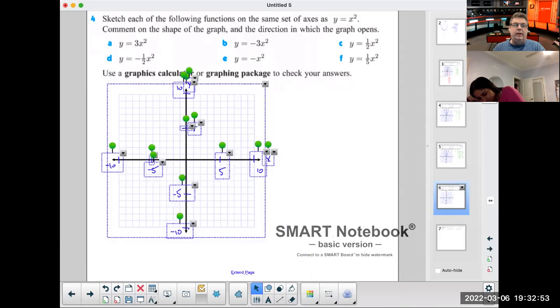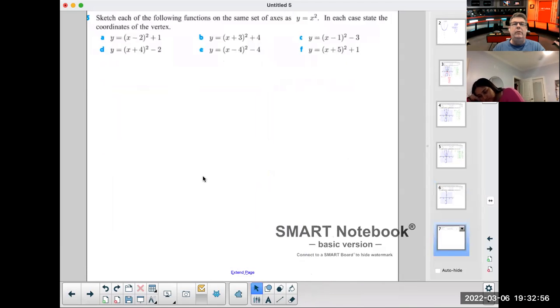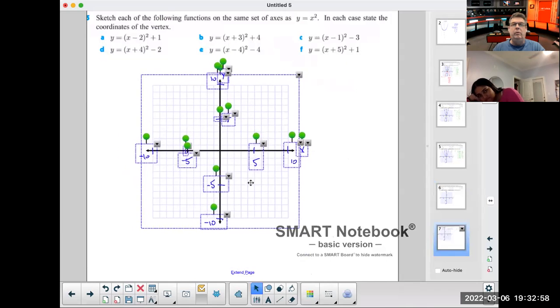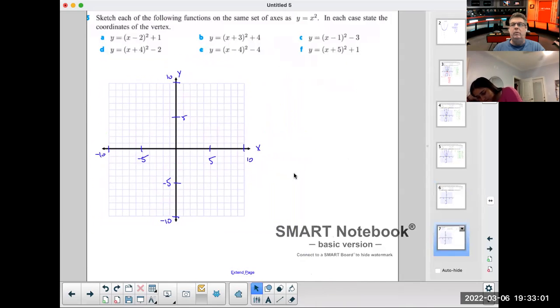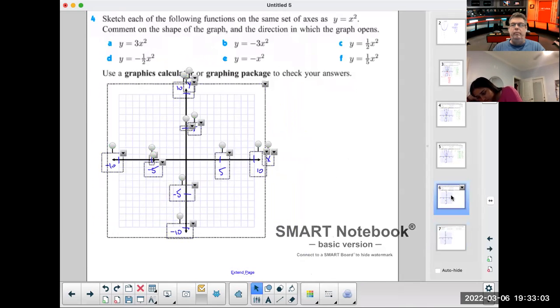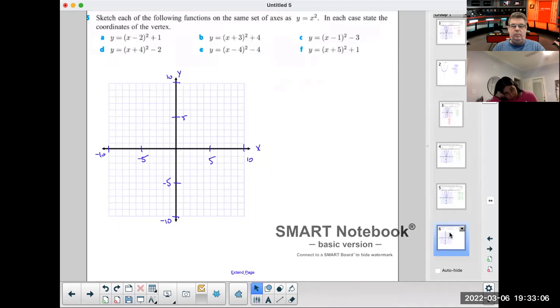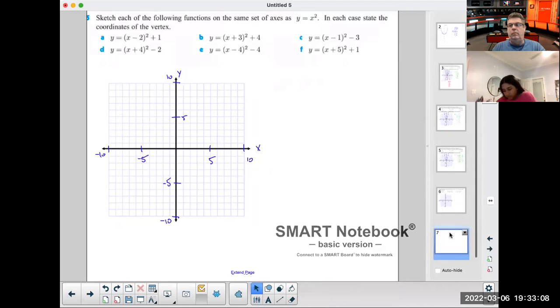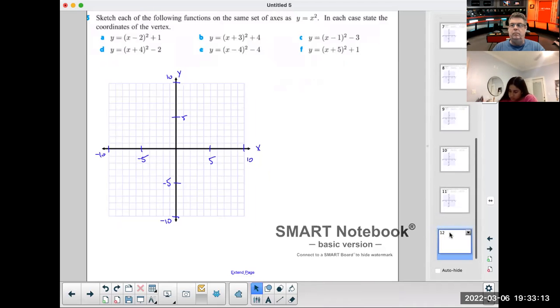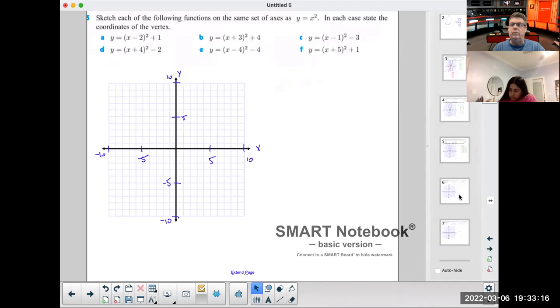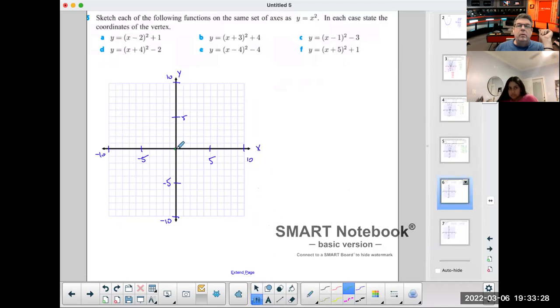Okay, so let me put this guy here. Are you able to tell me the vertex of this just by looking at it?